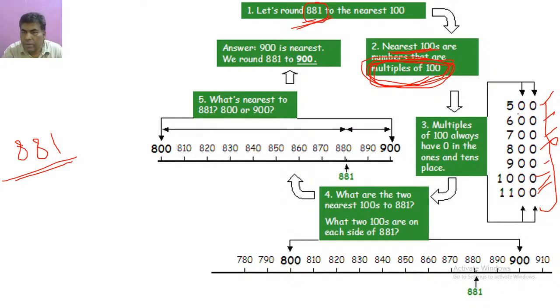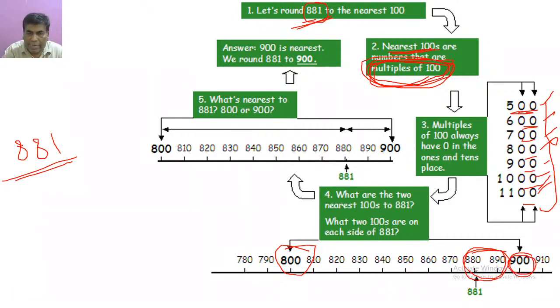What is common? The tens place and units place, zeros are there. Now where is 881? It is between 880 and 890, and between 800 and 900.